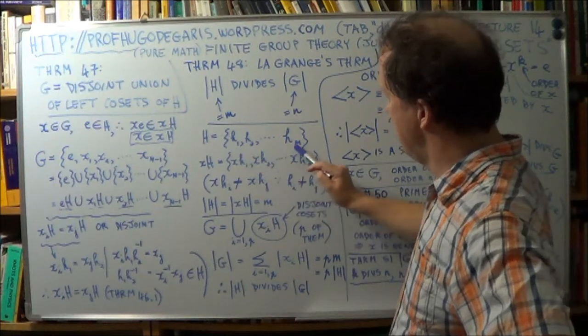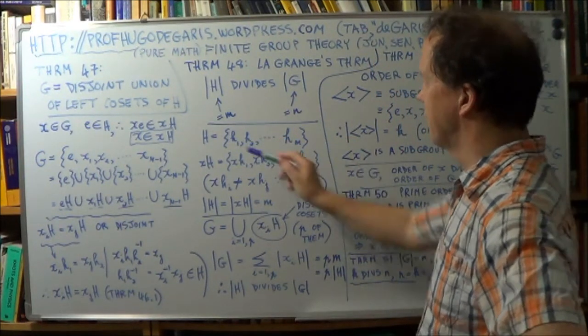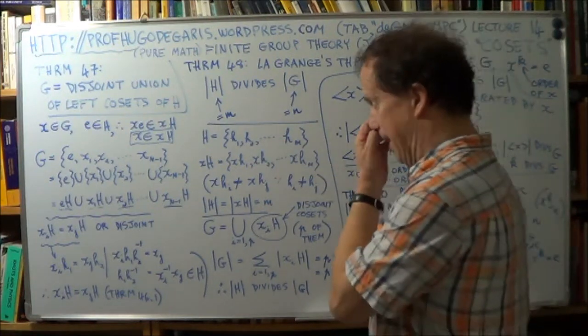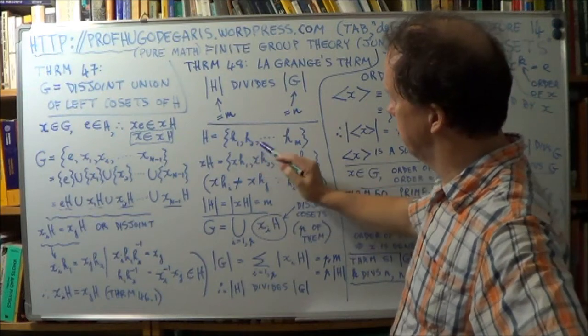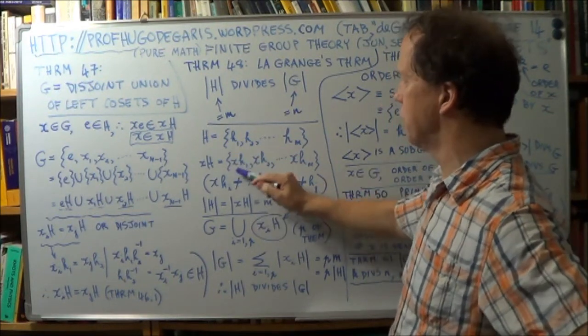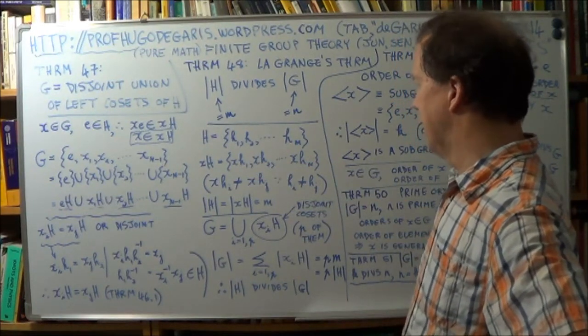So here are your M elements, M different elements. It's just a set, so they're all different. Now, xH: there's your left coset. By definition, you just multiply each of these on the left by x.